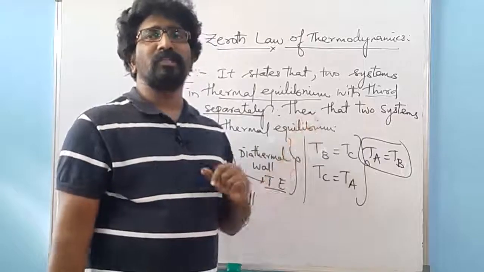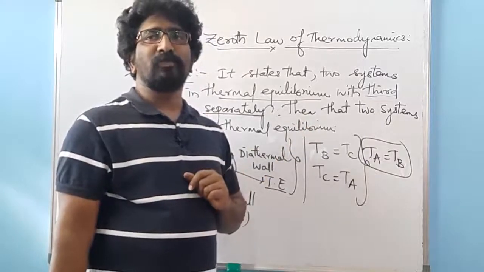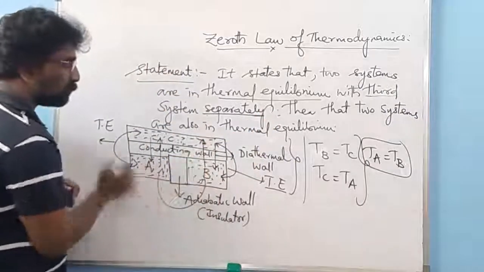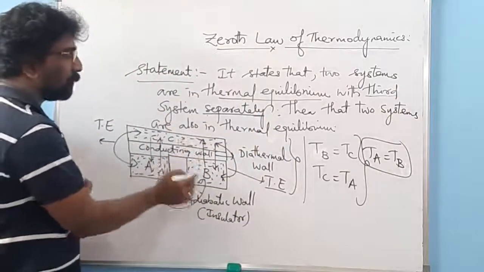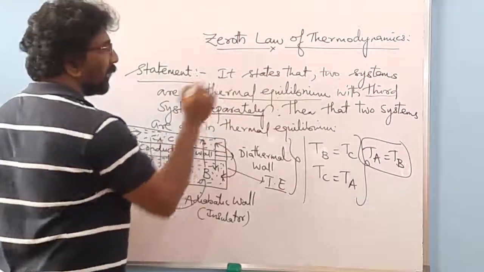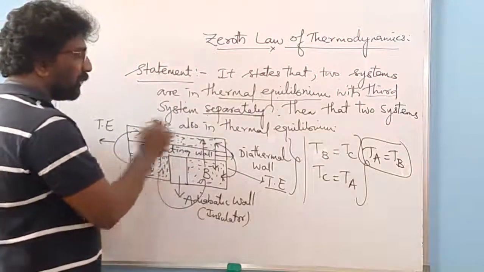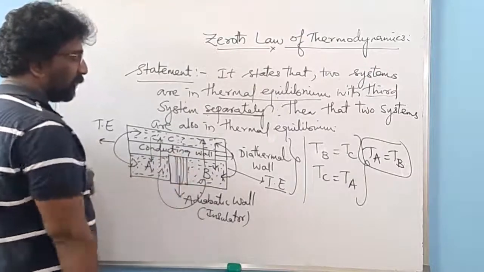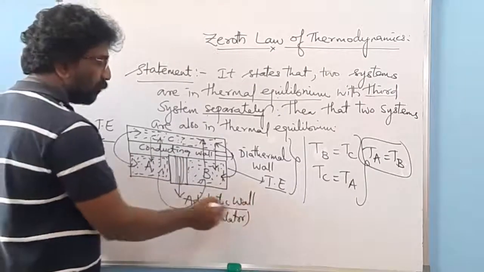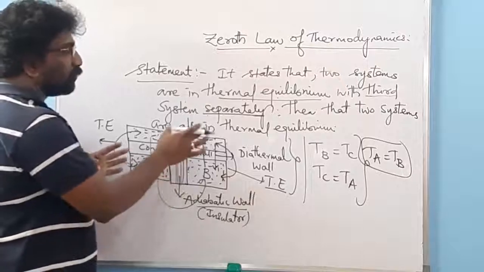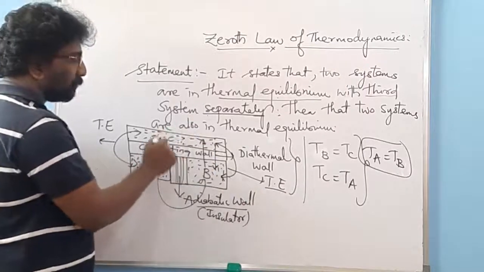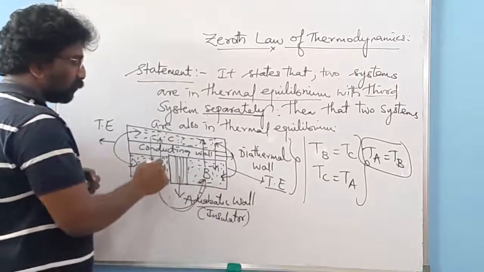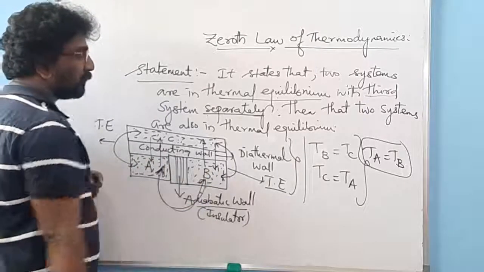So all three systems will be in thermal equilibrium, and hence in thermodynamic equilibrium, even though they are connected through a conducting or an adiabatic wall. If any two systems are separately in thermal equilibrium with a third system, then those two systems will also be in thermal equilibrium with each other.